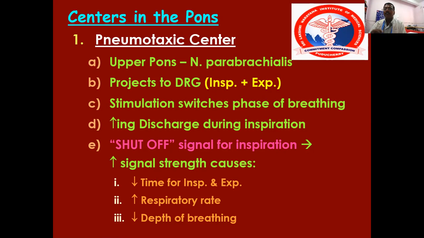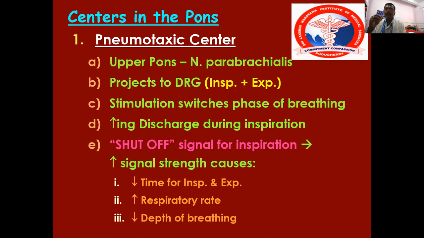Stimulation of these centers switches the phases of breathing. That means it initiates the inspiration and expiration, increasing the discharge during the inspiration and shutting off the signals for inspiration. That is the major function of the pneumotaxic center.